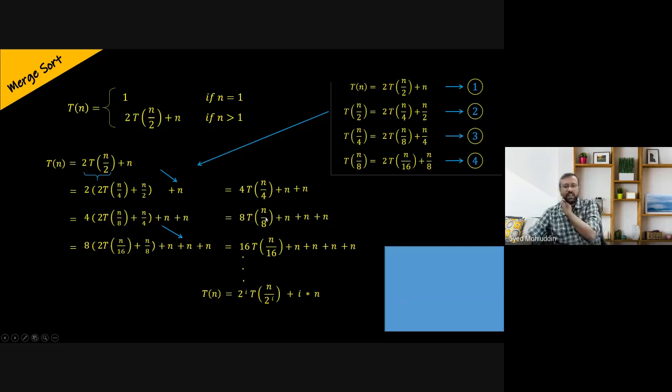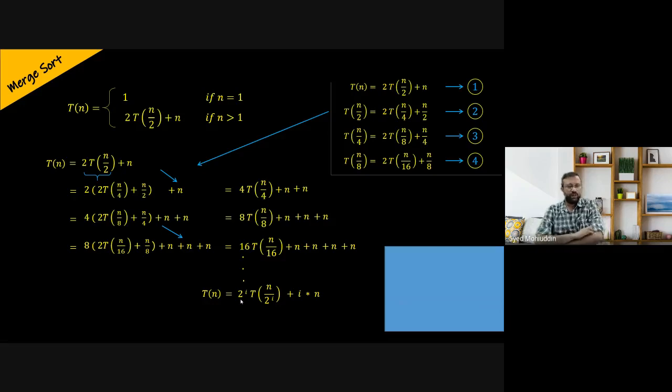Same thing: instead of T of n by 8, we will substitute 2T of n by 16 plus n by 8. So here we have 8 multiplied by 2T of n by 16 plus n by 8. So 8 gets cancelled, and 2 times 8 is 16. So 16T of n by 16 plus n plus n plus n plus n, successive n's. If we substitute this recursively for the ith time, this is 2 power 1, 2 power 2, 2 power 3, 2 power 4. For the ith time, it will be 2 power i.